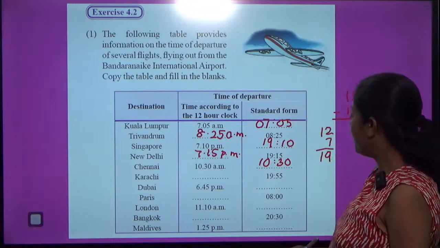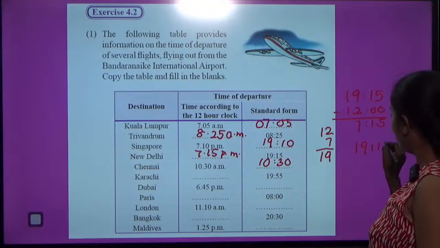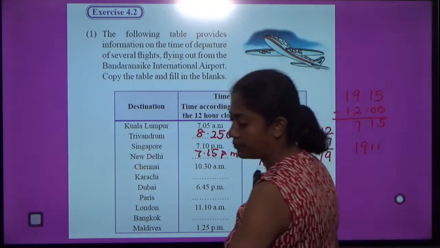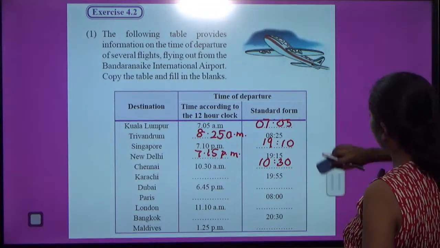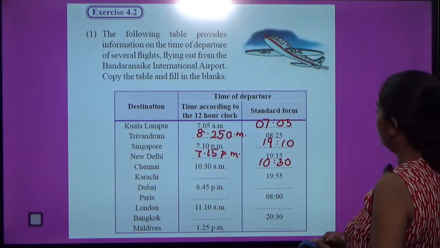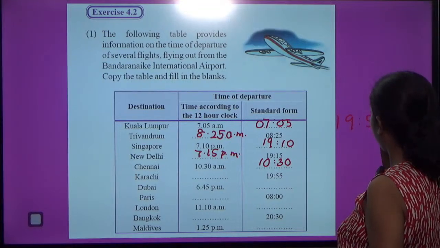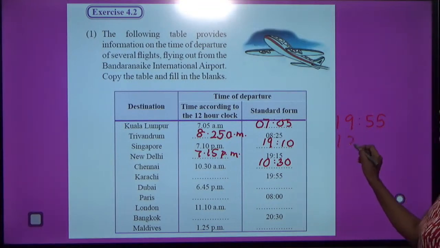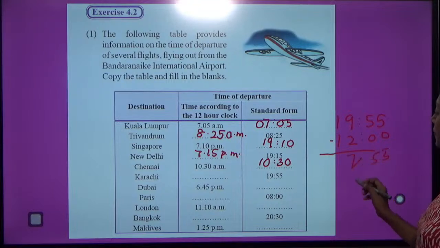Next one 19:55. Then you have to subtract 12 from this. 19:55. You have to subtract 12 from this. Then 9 minus 2, 7, 55.